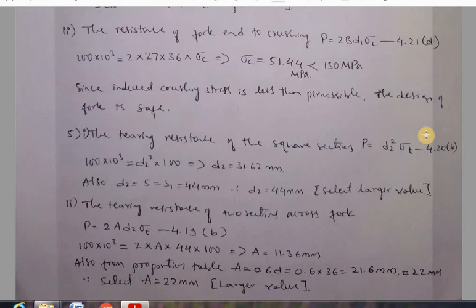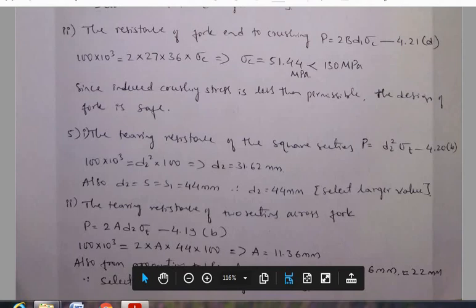From the proportion table we have A is equal to 0.6 times the D. Therefore, the value of A becomes 21.66 millimeter, approximately 22 mm. So, considering the larger value between them, we select value of A as 22 millimeter. So, this completes the design of the knuckle joint.